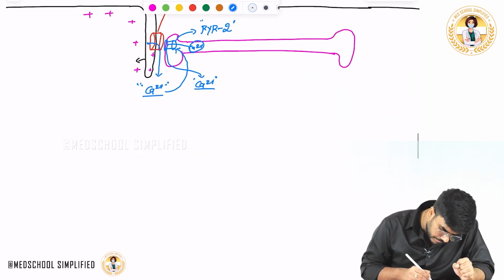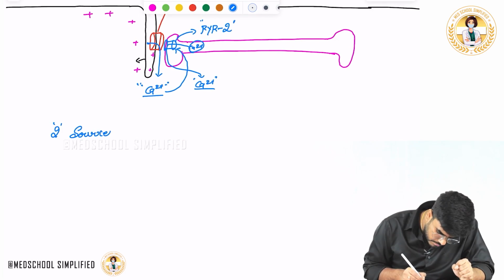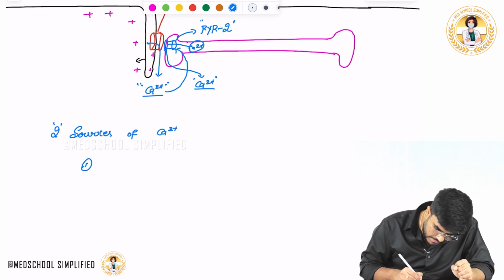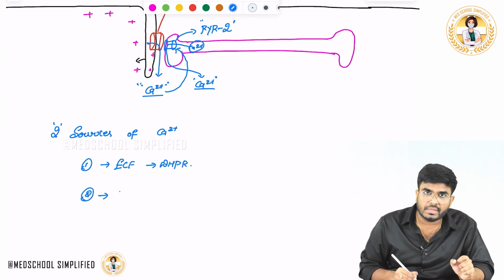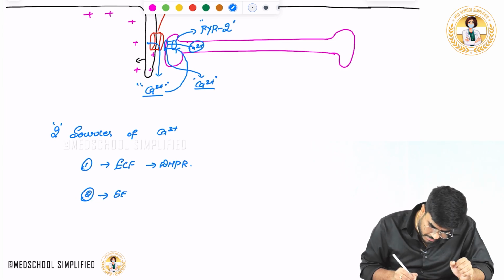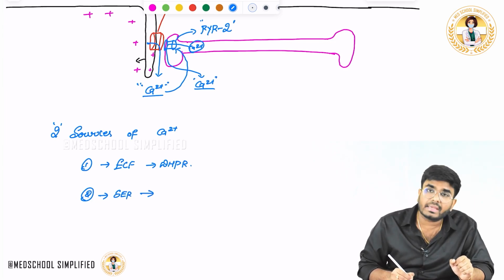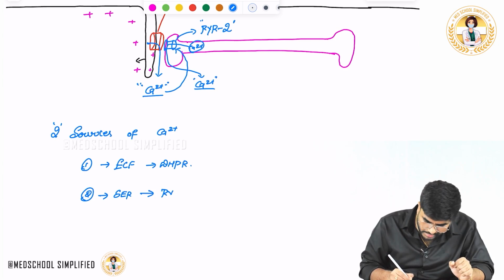Let me write it here: 2 sources of calcium. One calcium is coming from the extracellular fluid with the help of the DHPR channel, and this calcium stimulates the sarcoplasmic reticulum to release calcium through the RYR channel.